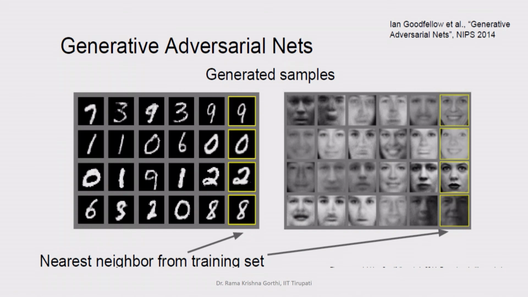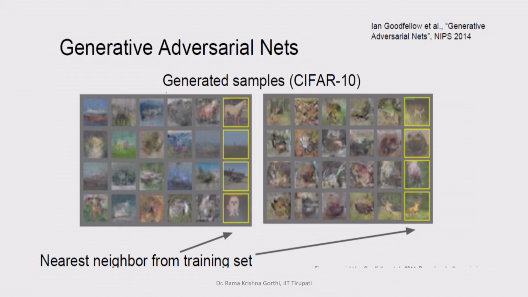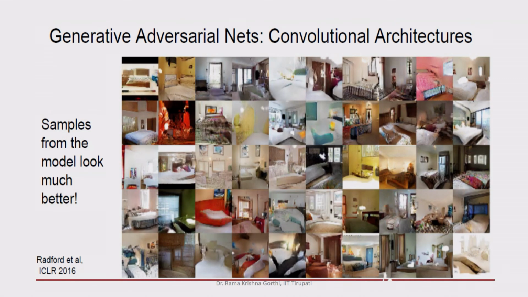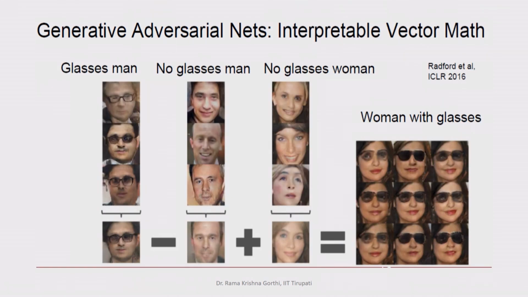The initial experiments were to generate digits, and subsequent experiments were to generate images. Initially the results were not that great, but later, with several advancements to train them better and take the loss functions in an effective way, we can generate very good images.